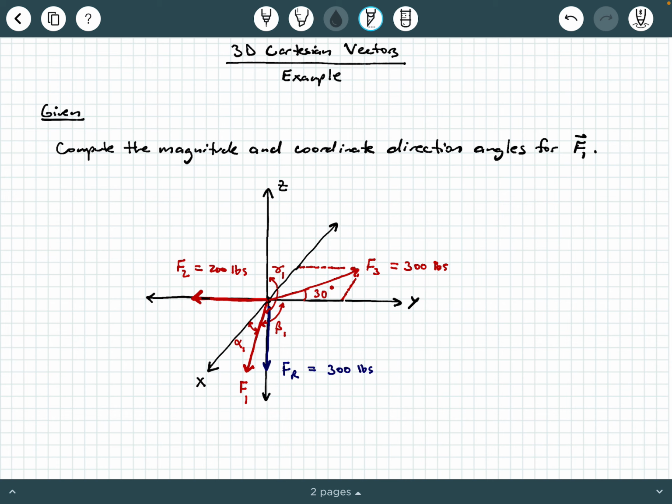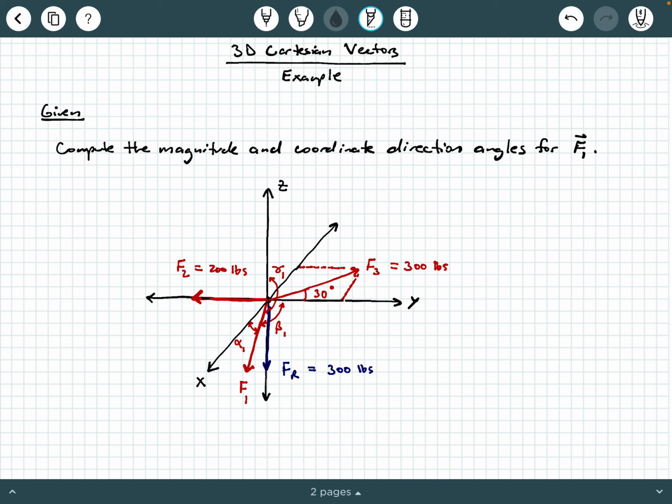F3's magnitude is 300 pounds, and it has a 30-degree reference angle from the positive y-axis, but it completely lies in the xy plane. So it's going to have an x component, which in fact is going to be negative because you see it's angled in quadrant 2. It's going to have a y component, and it's going to have no z component, so a 0 z component, okay? So that's what we're looking at here for the 3 vectors.